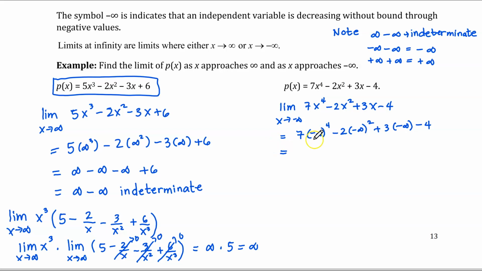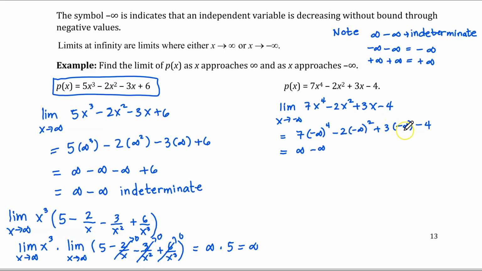So if you have negative infinity to the 4th, that means it will always yield a positive value. So this gives us positive infinity times 7 is equal to positive infinity. Negative infinity squared is positive infinity times negative 2 is negative infinity.